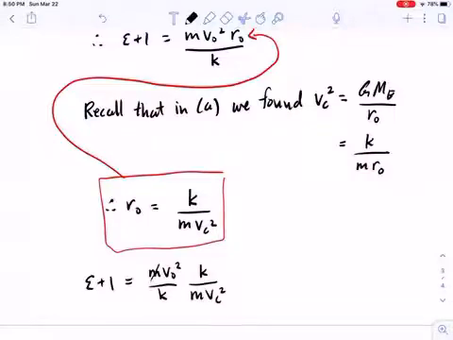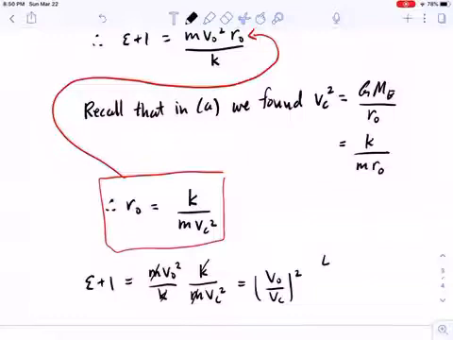And we get a pretty nice result here. That relates the eccentricity just to the ratio of the speeds before and after the boost.